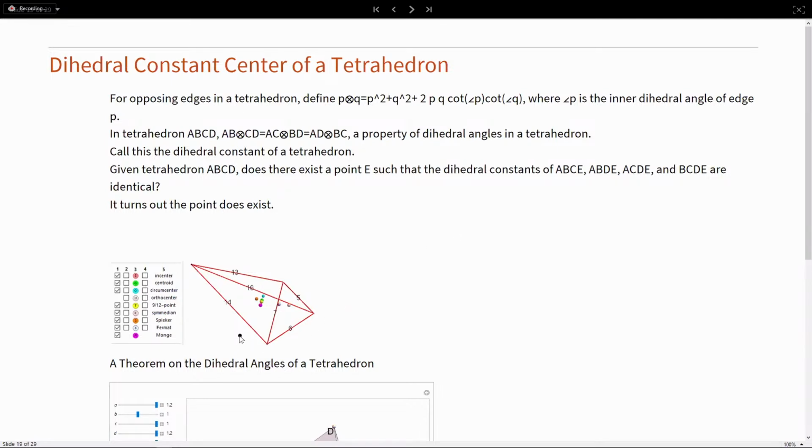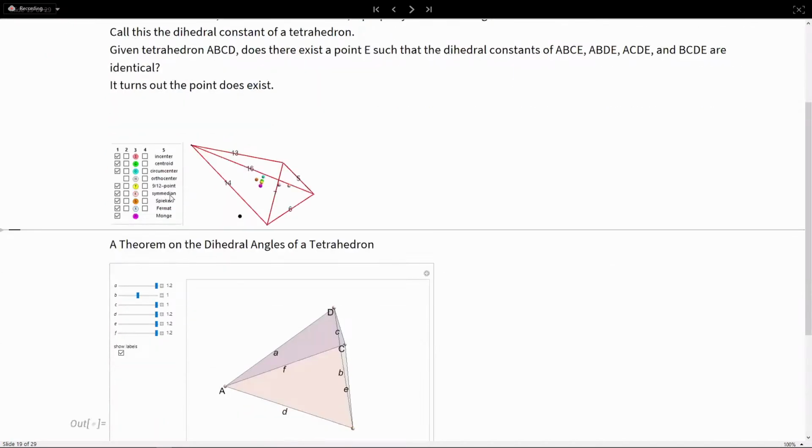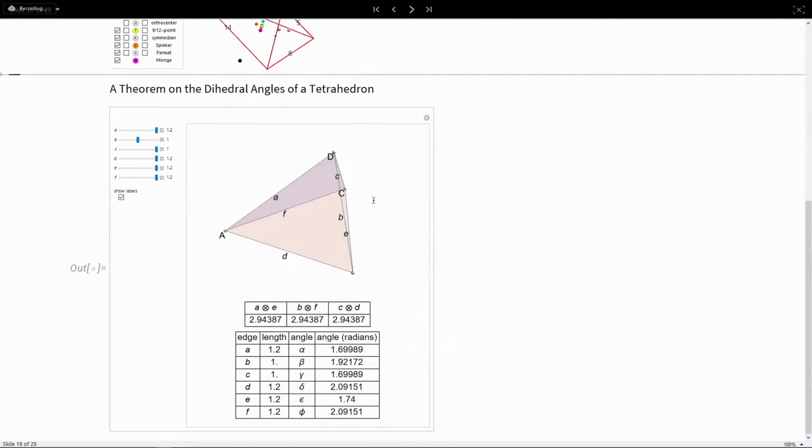And you can take another point so that if you connect up the triangles with that point, each of the four triangles with that point has a dihedral constant, which is the same for all four faces. And that's called the dihedral constant center. And it turns out this point does exist. That's another point I plan to add to the database I'm working on.